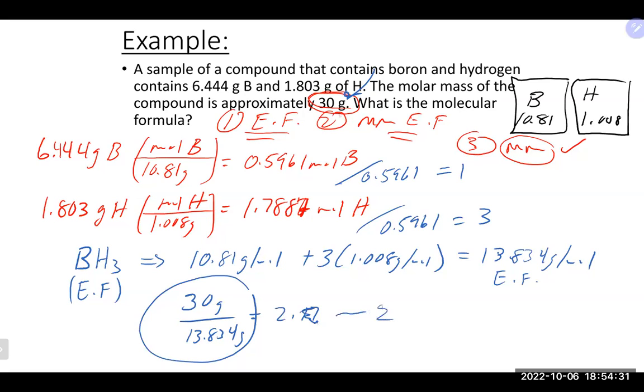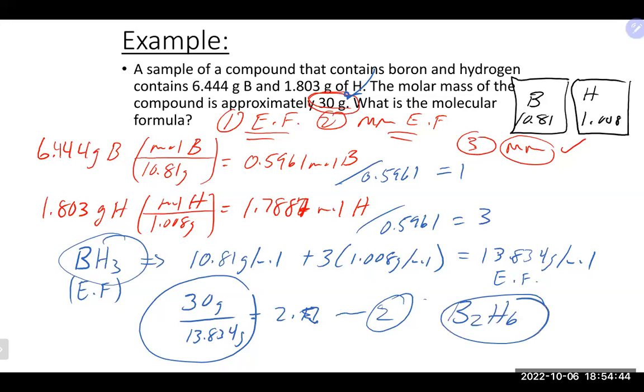And this is an approximate molar mass, not the exact molar mass, so it won't be perfect. So we take that factor of 2 and multiply our empirical formula by it, which gives us B2H6 for our molecular formula here. Any questions on that one? All right, we're all set there for now.